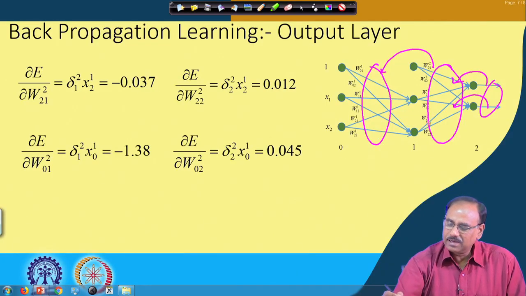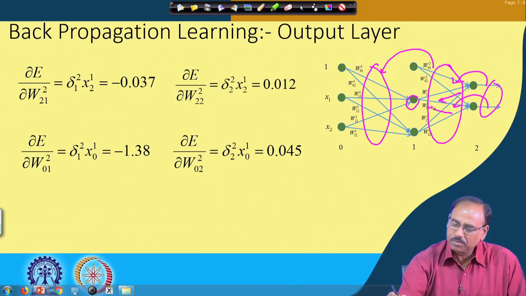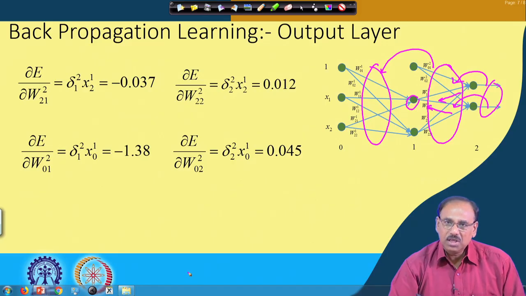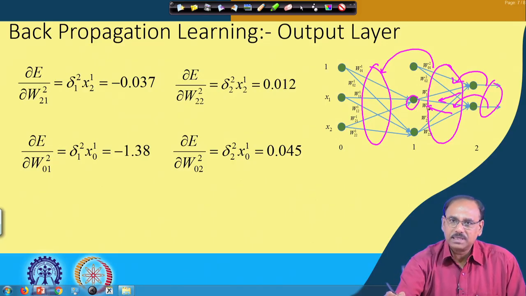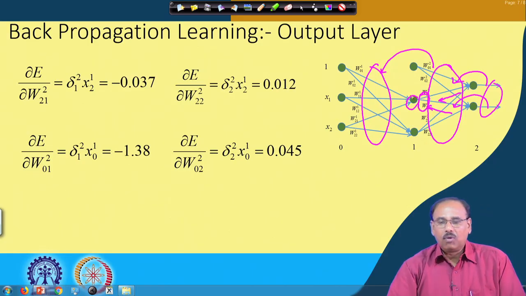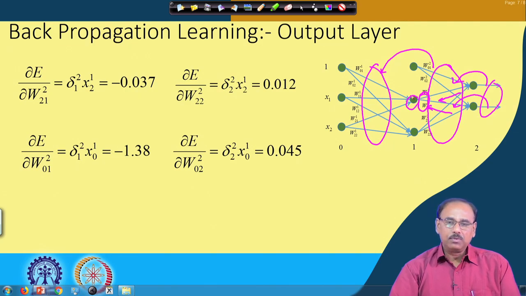And when you do that, you find that coming to a particular node, you are propagating the error from the first node, and you are also propagating the error from the second node. So, these two error terms are to be added together to consider the total backpropagated error term at every node in the hidden layers.